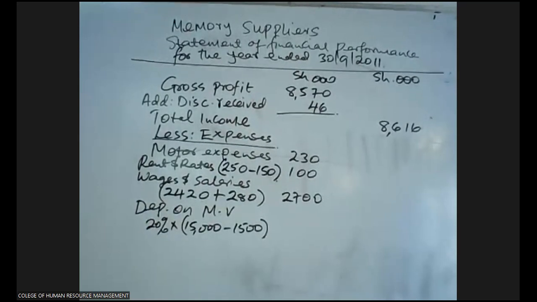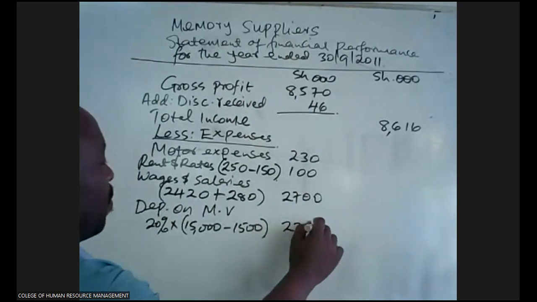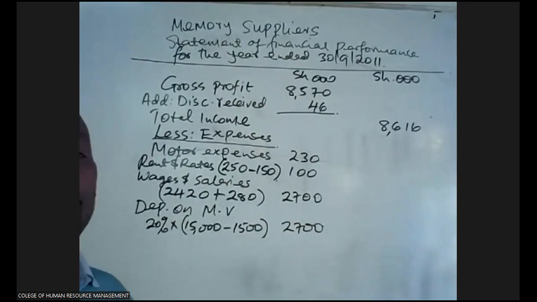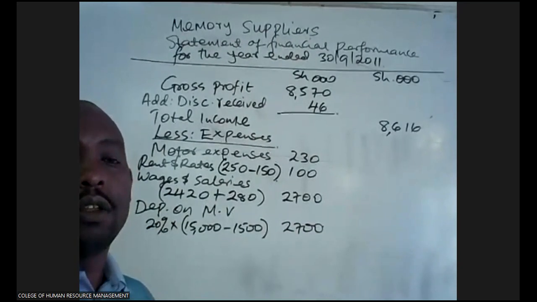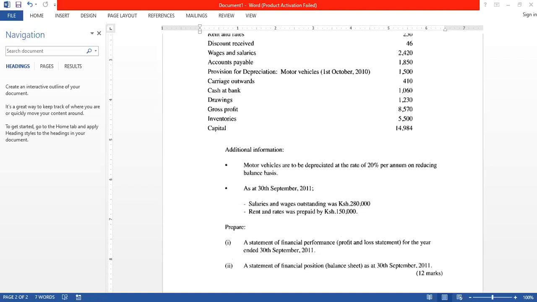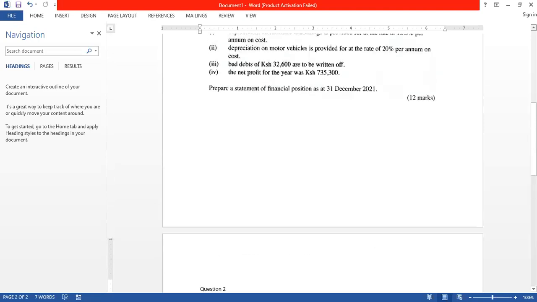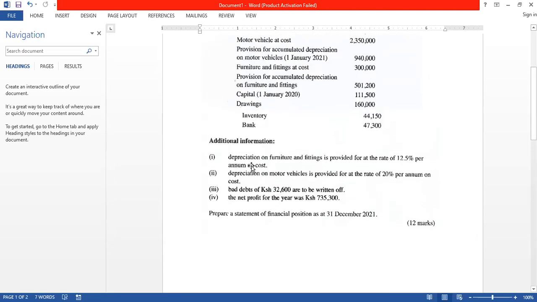Can Mwalimu repeat on the depreciation on motor vehicle? We have got two methods of doing depreciation. In the previous question, question number 1, they were saying that depreciation on furniture and fittings is provided at 12.5% per annum on cost.